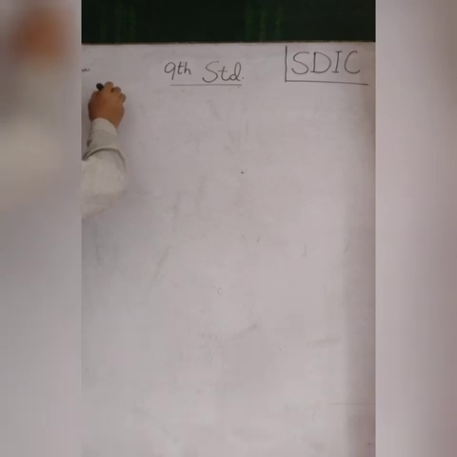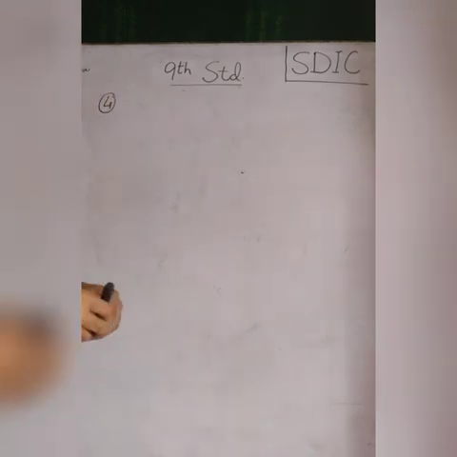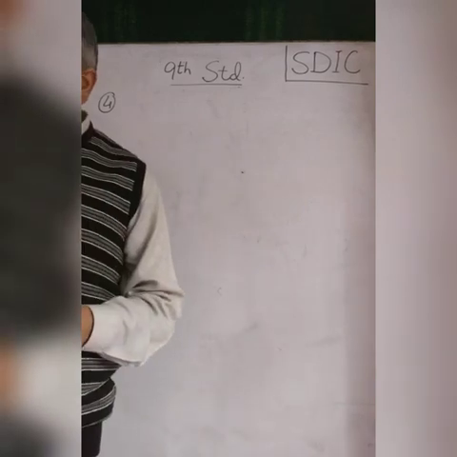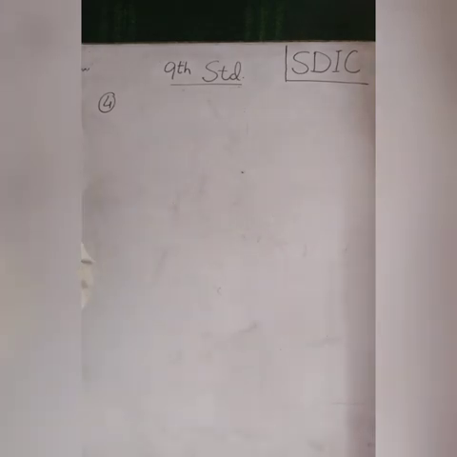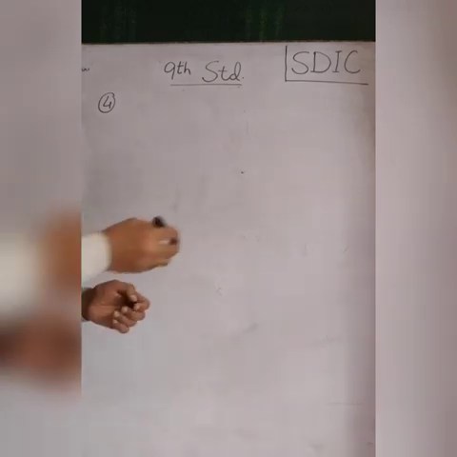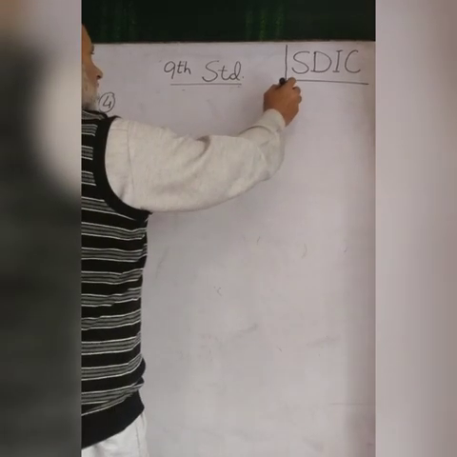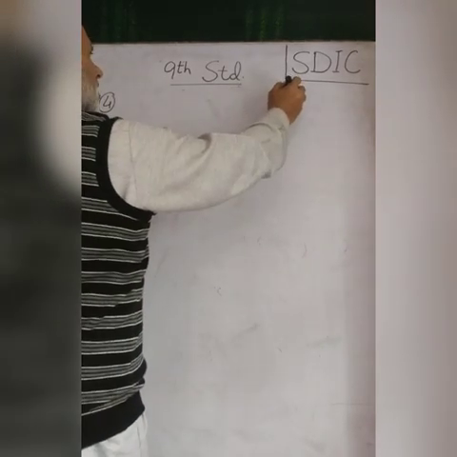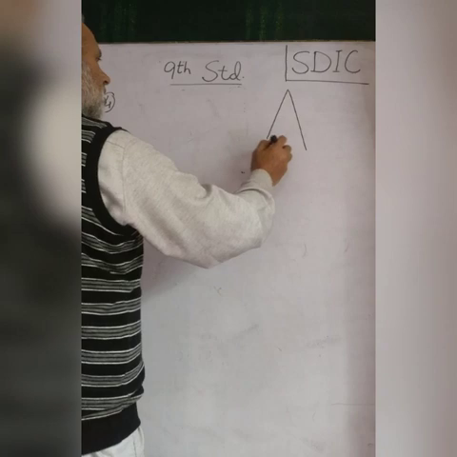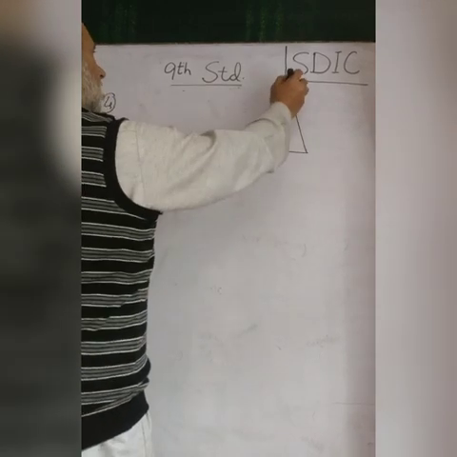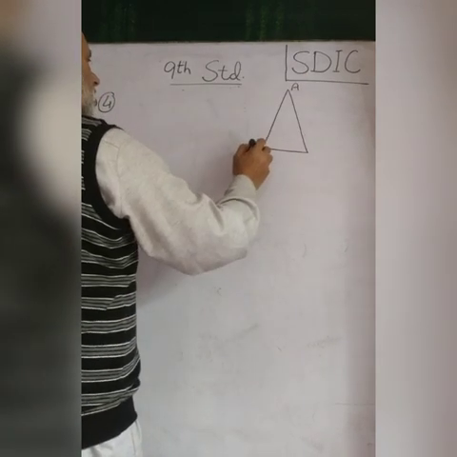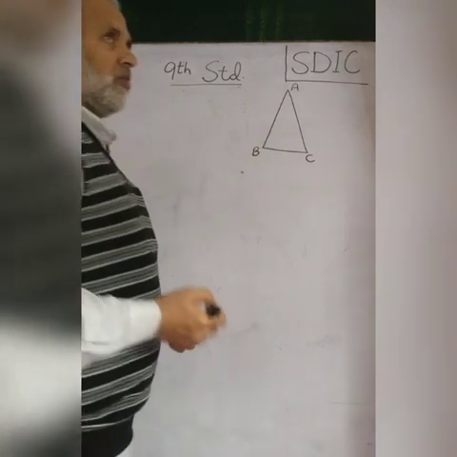Question 4. The diagram of question number 4 is not drawn there. You have to draw this diagram again using the statement. We have BE and CF are two equal altitudes of a triangle ABC. There is only one triangle, triangle ABC. In this triangle, according to the statement, we have two altitudes.